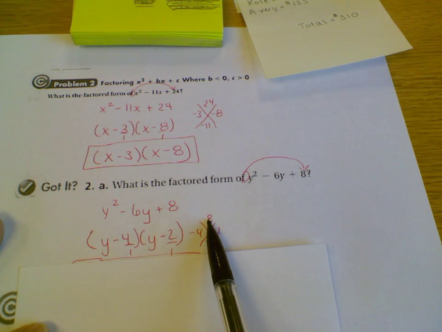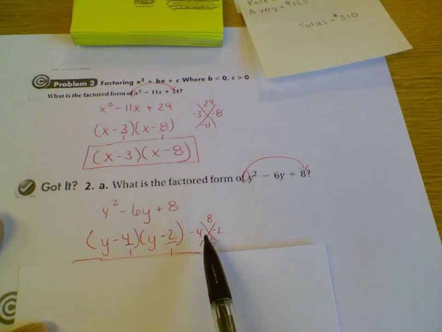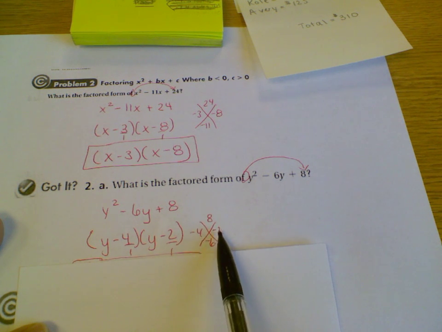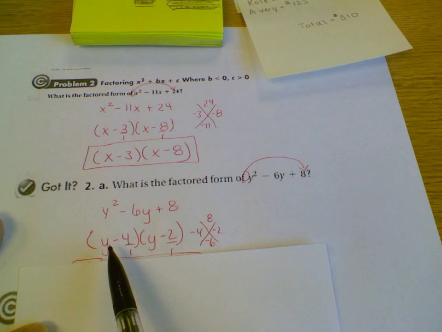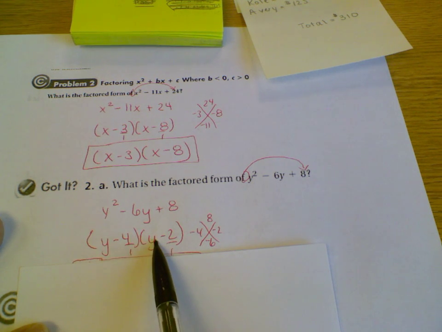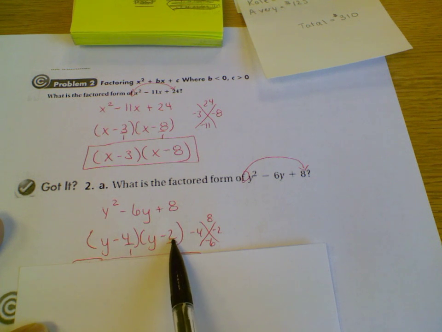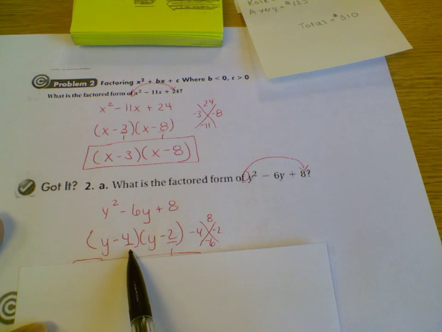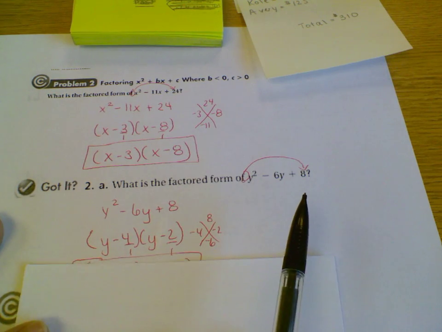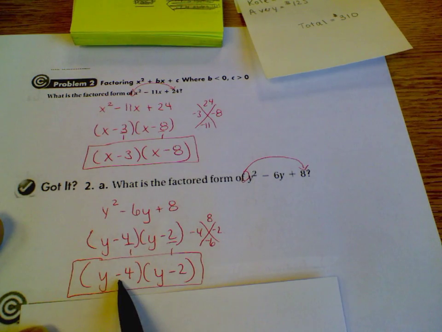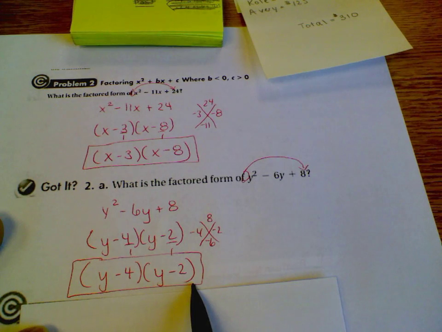Since it's a positive 8, they're the same sign. Since it's adding to negative 6, that tells me that both of them have to be negative. So when I write out my sets of parentheses, I would have y and y, negative 4 here, and negative 2 there. I need to come back and divide by the number I slid, which is dividing by 1. I simplify, and I get y minus 4 and y minus 2.